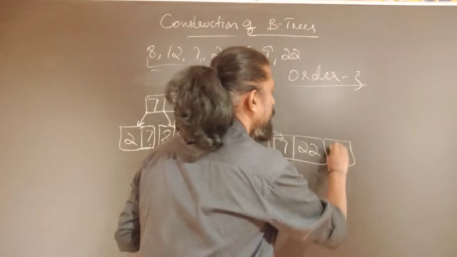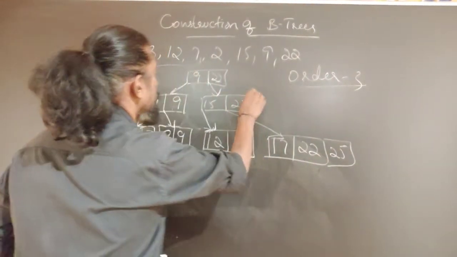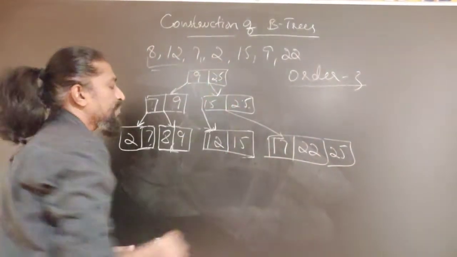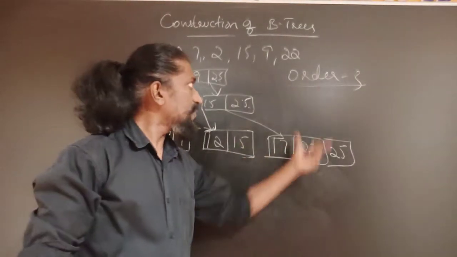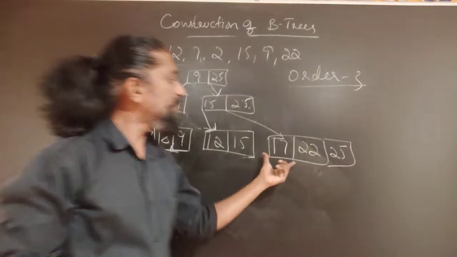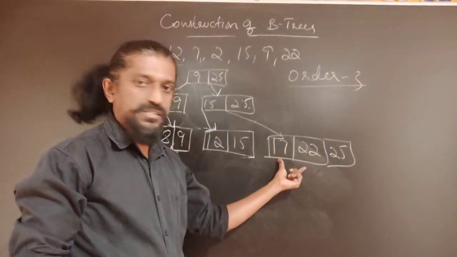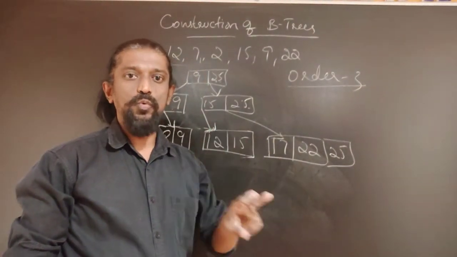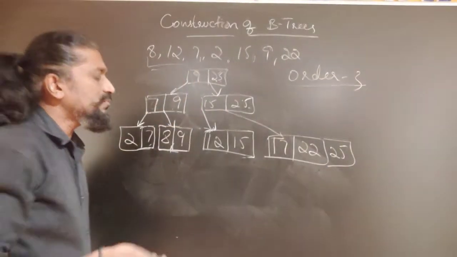So here if we insert 25, then 25 can exist here, and information about this will be present at both the upper levels. So 3 keys can be present if the order is 3. In the B tree that we are going to discuss next, if the order of the B tree is 3, then the maximum number of keys that can be present is only 2. How can that happen?